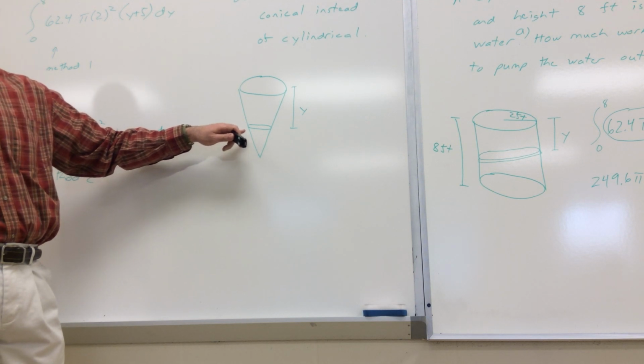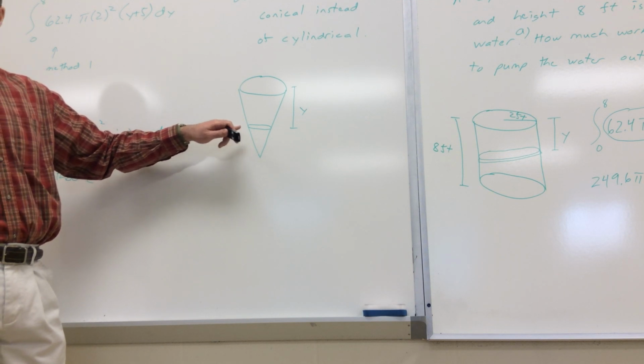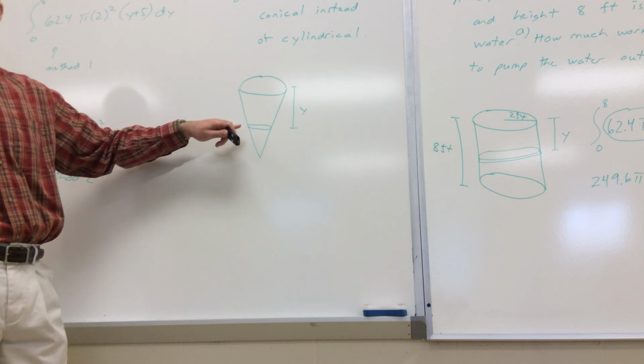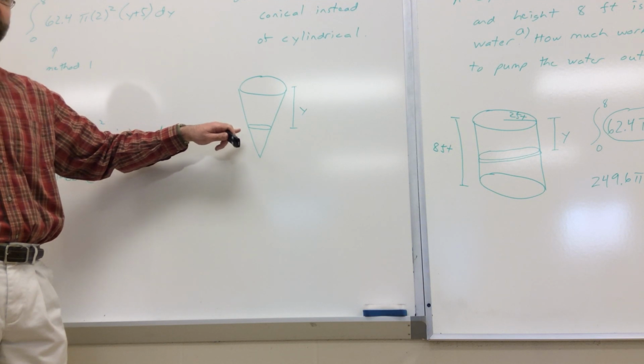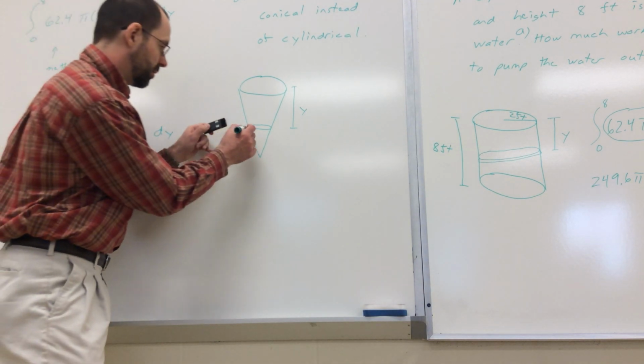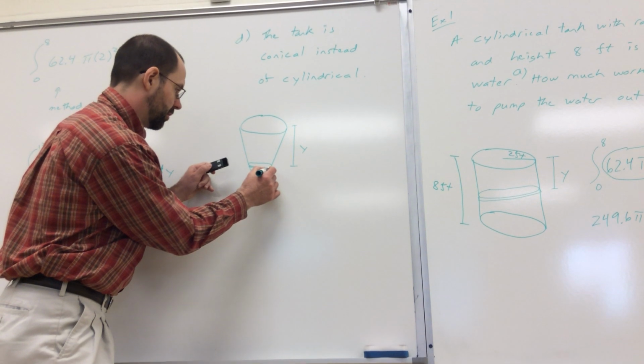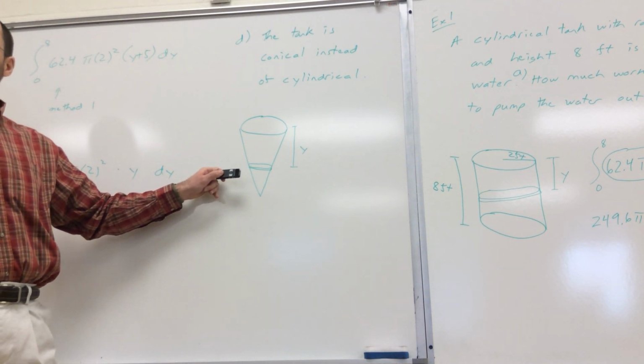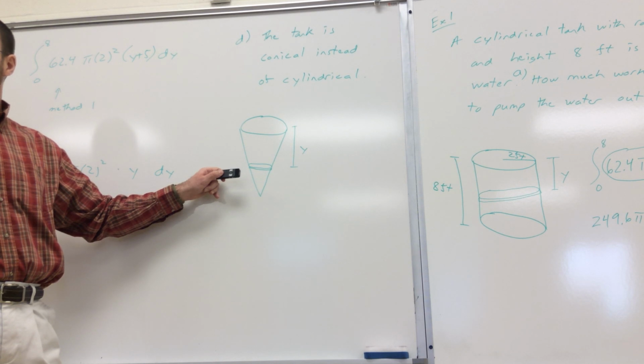So think carefully before you answer this question. What is the shape of the water at that depth? It's still a cylinder. Now it's not a perfect cylinder because the top circle is a little bit larger than the bottom circle.